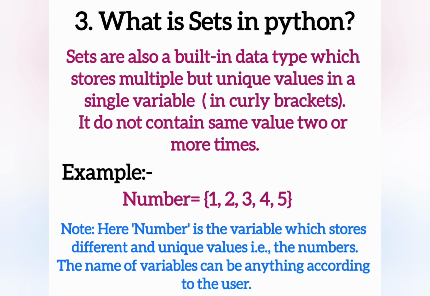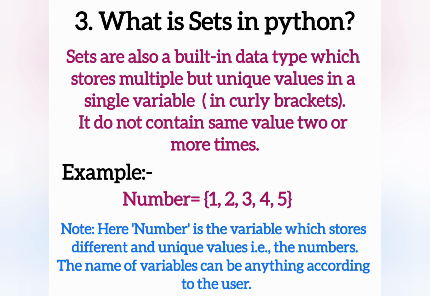We can't repeat any item inside a set, and if we repeat it, then it will not be counted by the Python interpreter. Here I have taken my example for set. Number is the variable which contains different numbers. Here number is my data which is stored in the form of a set in the variable number.